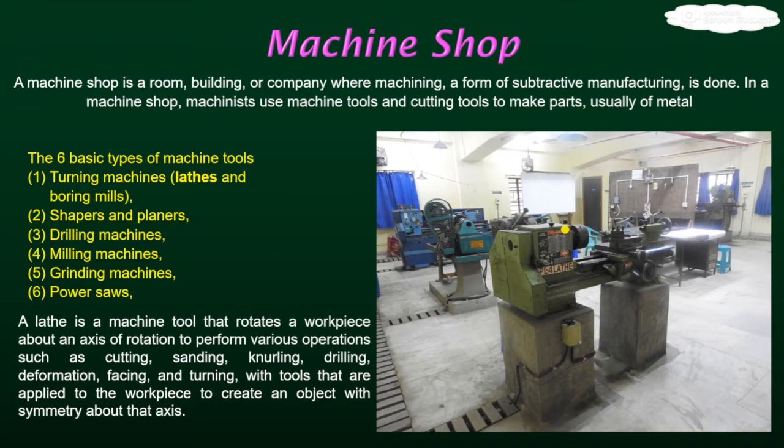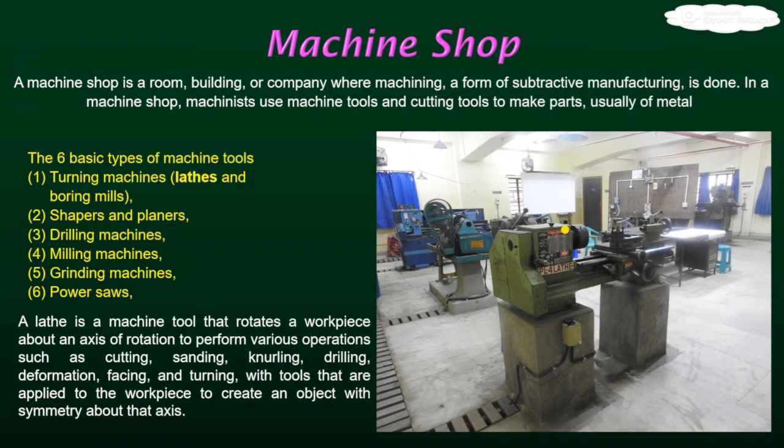We have to remove the material. How to remove? By cutting operation, various types of cutting operation. The reason is we want to obtain the required shape and geometry of the object.